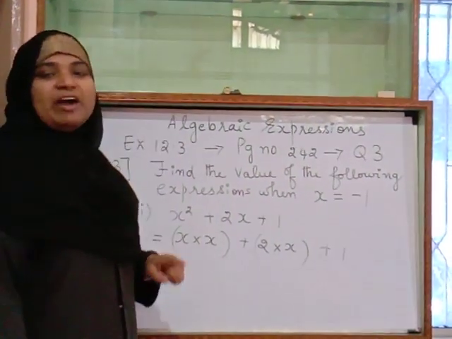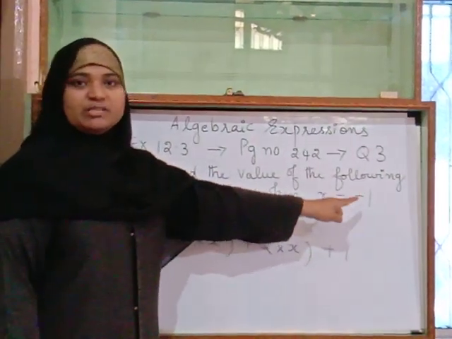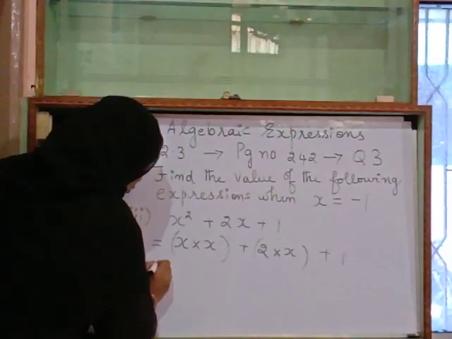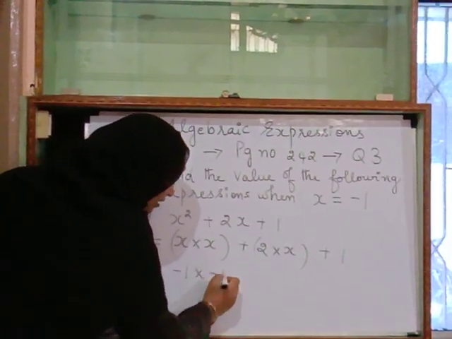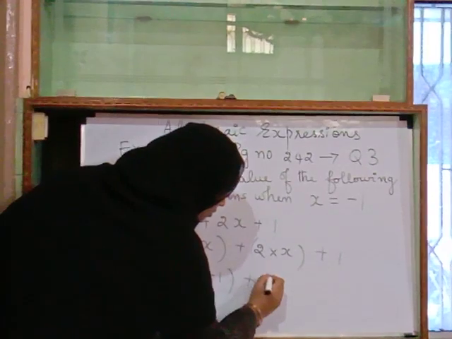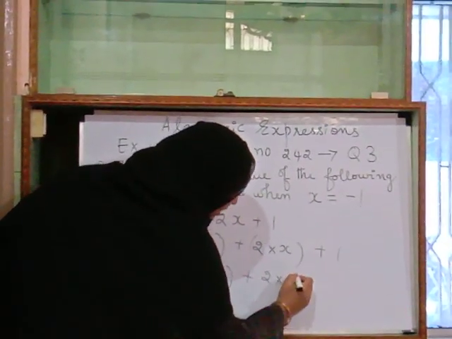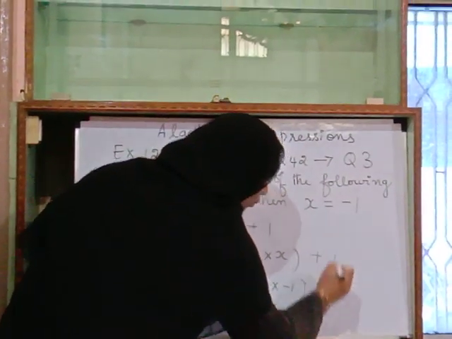Now wherever you have x, you are supposed to substitute the value as minus 1 because it's given in the question. So x value is minus 1 into minus 1, we'll put this in brackets, plus 2 into value of x is minus 1, plus 1.